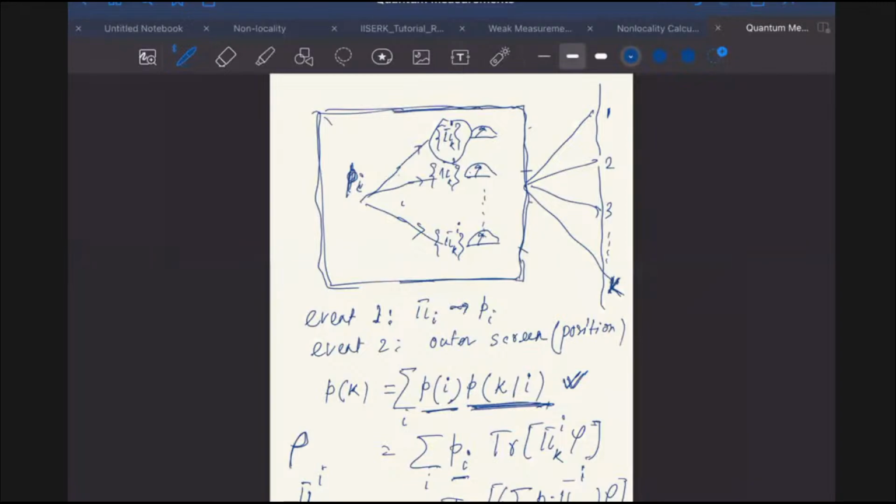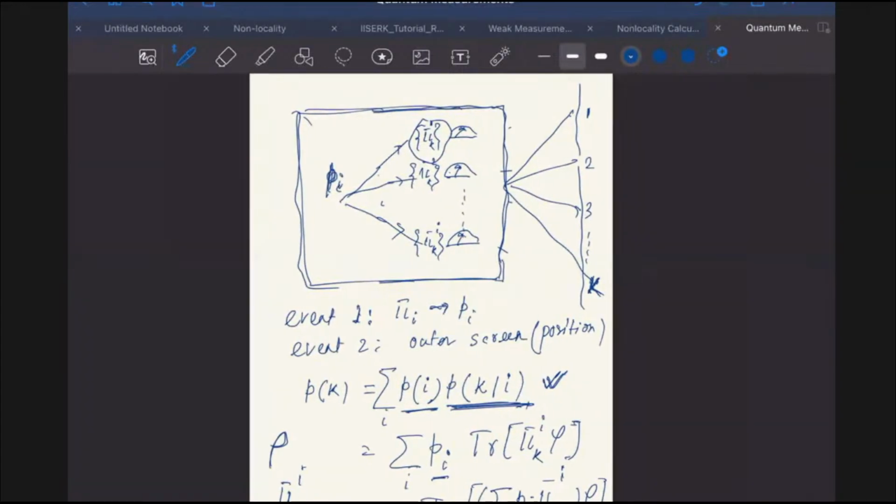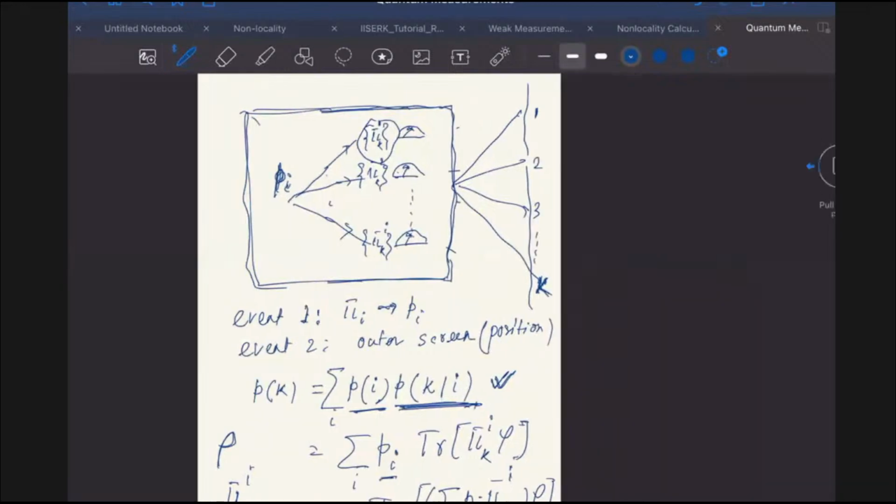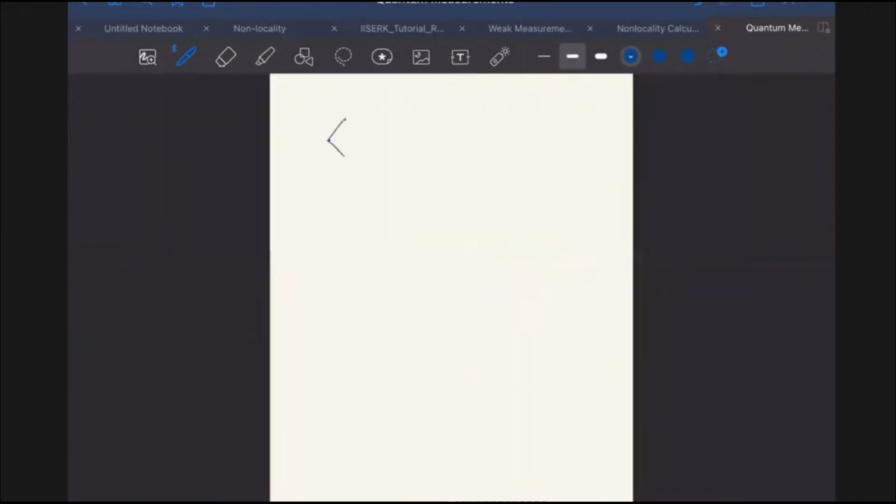Why? Because by the probability postulate, we take the inner product of the corresponding state with the whole state and take the mod square of it. No, whatever you are telling, that is this one, mod square of psi phi. This is equal to what? Trace of this psi and phi, right?